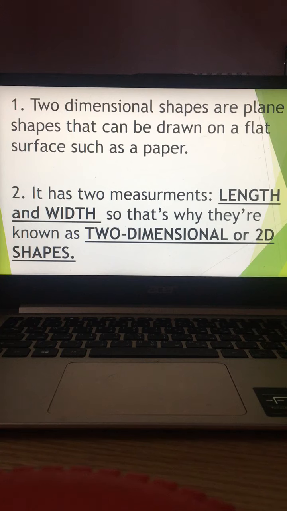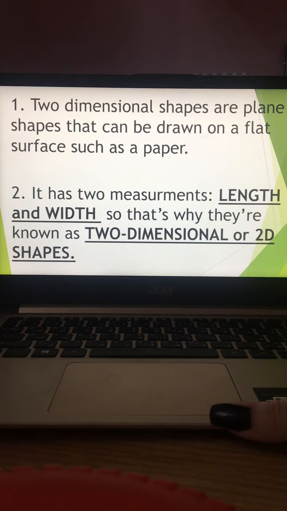They have two measurements, the length and the width. That's why they are known as two-dimensional or 2D shapes.